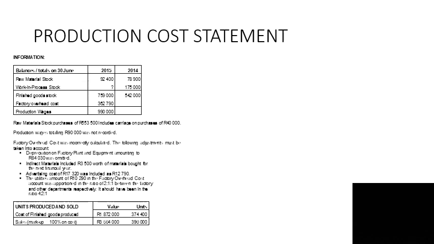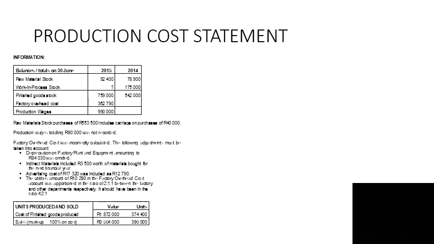990,000. Production wages or factory workers wages form part of our direct labor. They might not write it exactly as direct labor, they can write it as production wages, or they can write it as factory workers wages. We know that direct labor is the wages paid to people who are directly involved in production.